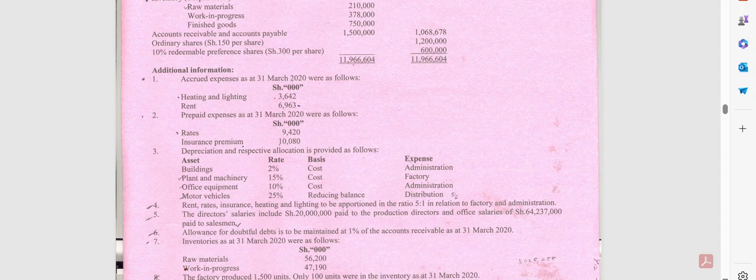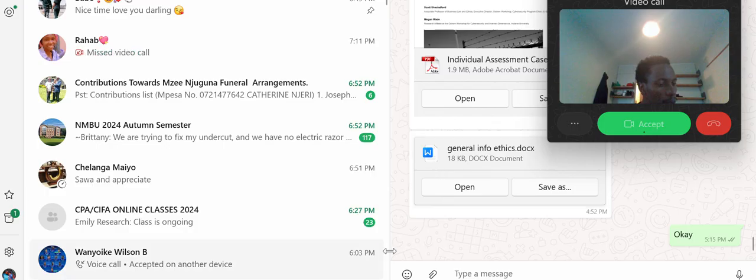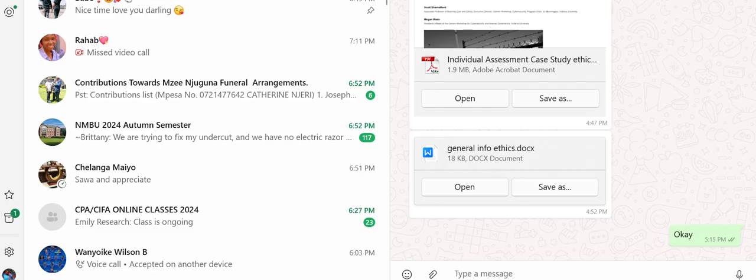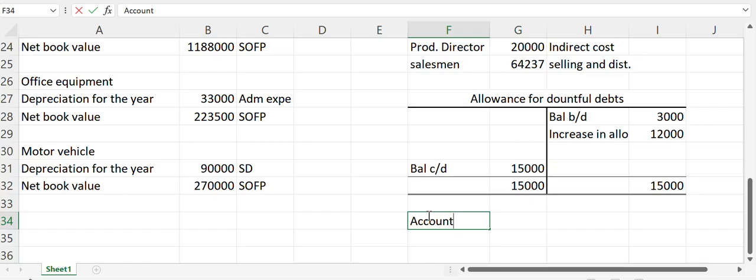What was I saying? For account receivables, I was saying that we need to know the figure that we are going to take to the statement of financial position, and that figure is the 1.5 M. We subtract the allowance for doubtful debt at the end of the year, which is 15,000.